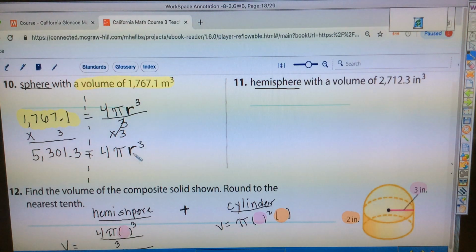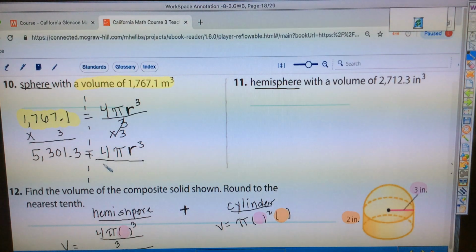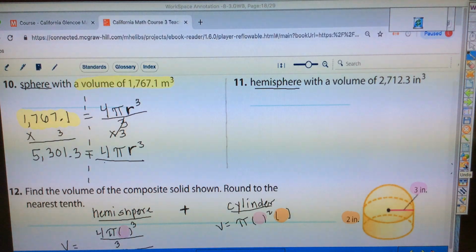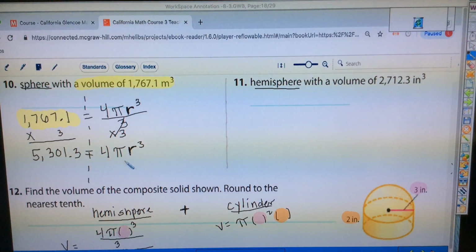Right now R cubed is being multiplied by 4 pi. So if you want to multiply 4 times pi so that you can approximate it, you can. You can also just divide by 4 pi, but you have to put it in parentheses, otherwise your calculator is not going to follow PEMDAS. So maybe I will show you.